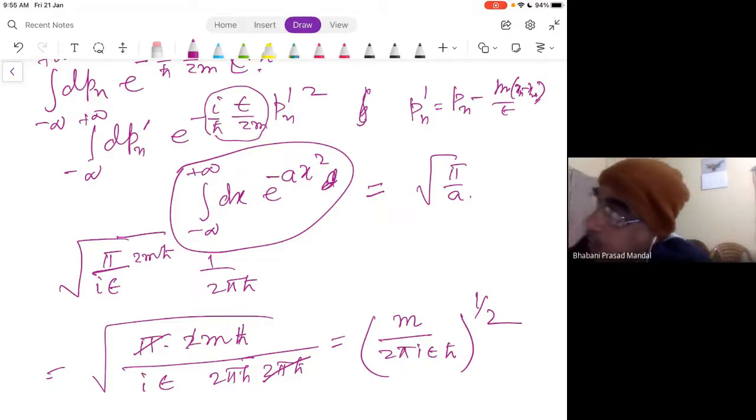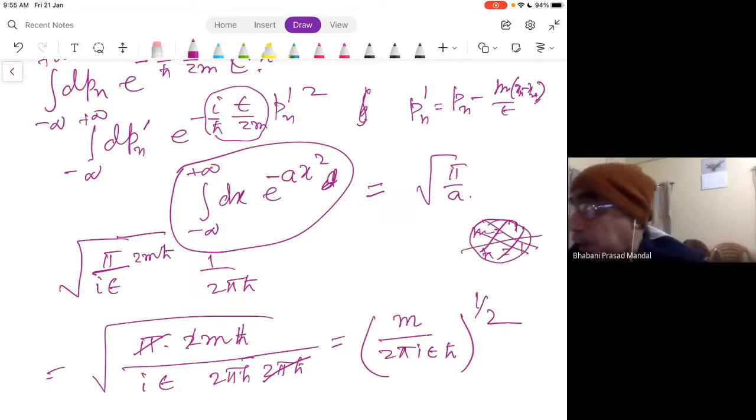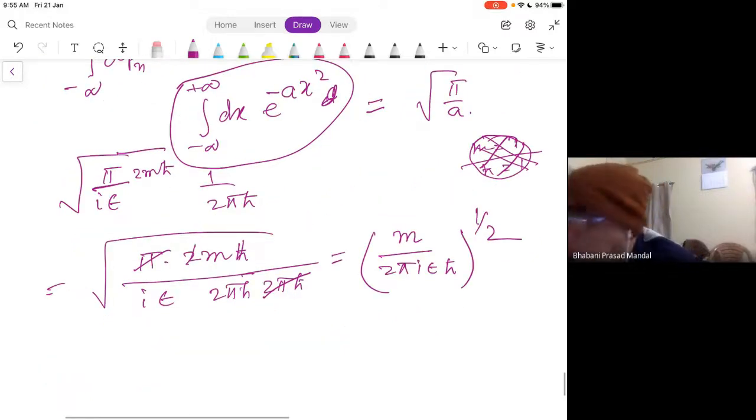Now you can take m to be 1, h cut to be 1, 2 pi h cut to be 1; those are conventions. Just as you can put the velocity of light equal to 1, but when you want to calculate a number, where mass changes, then you have to put the actual value. So you should do this calculation once, and after that we'll forget about it.